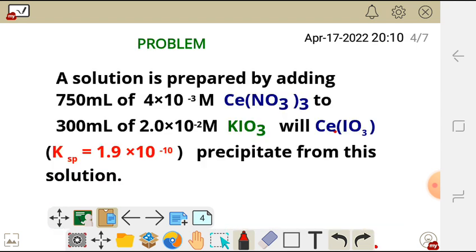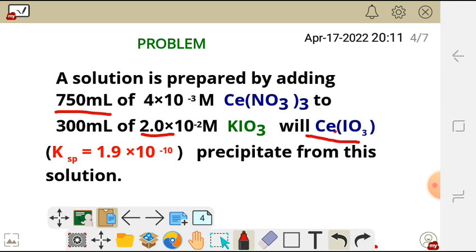For example, we have this problem here which is saying a solution is prepared by adding 700 ml of 4 by 10 to the power negative 3 molar of cerium nitrate to 300 ml of 2 by 10 to the power negative 2 molar of potassium iodate.